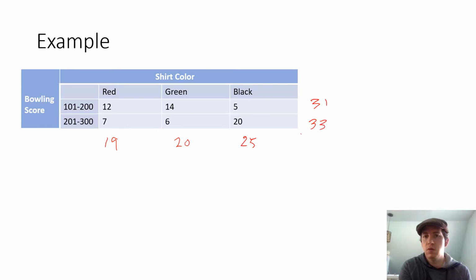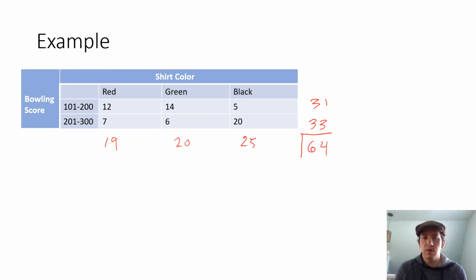And that gives us a total, or the sample size, which, if I add up all those numbers on the inside of the table, I get 64, which you should notice is 31 plus 33, and it's also 19 plus 20 plus 25. So we end up getting some nice values from that.